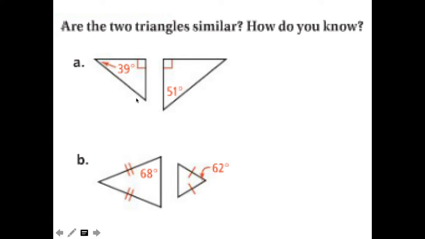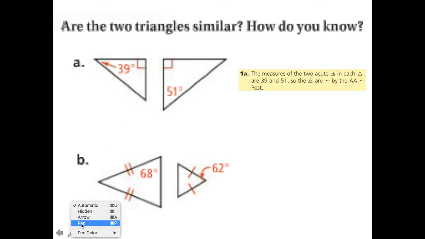Okay, if you went ahead and figured it out, you would have found that the answer for A is that they are similar, and the answer for B is that they are not similar. If you did the math correctly, you would have seen that they both had right angles, so that's 90 degrees each. They both shared that, but we didn't have enough information to know if the other angles were the same.